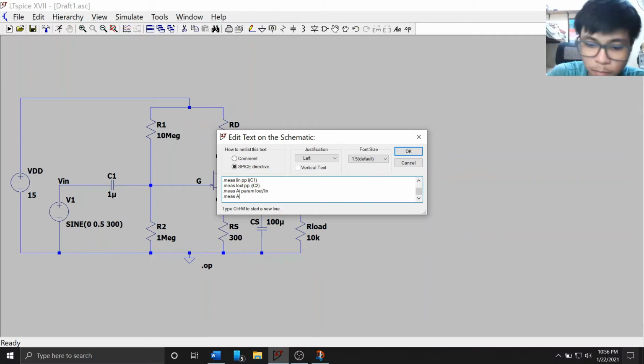Then we have the power gain, which is equal to the product of the voltage gain and current gain.